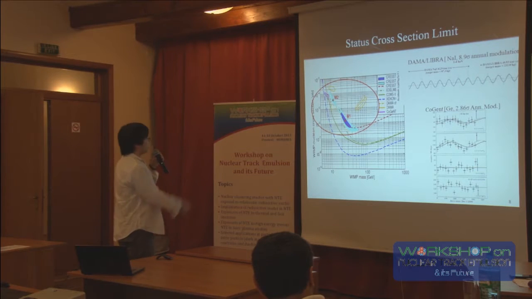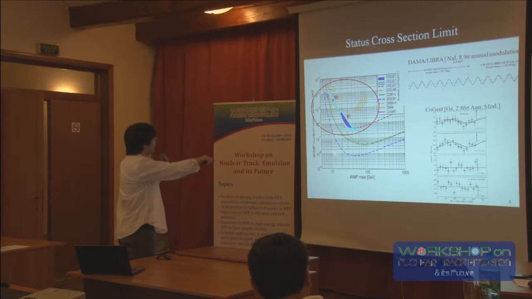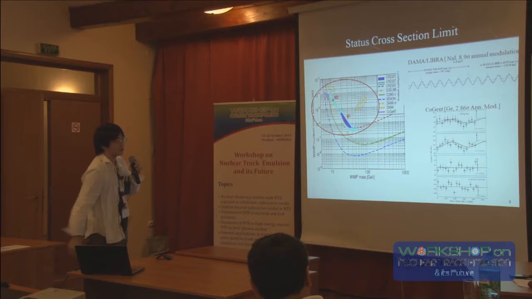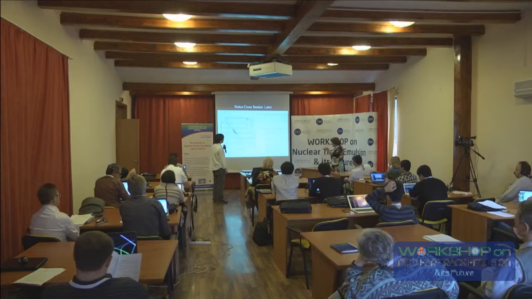The most expected region is here, and the higher region is also rejected, and the light region is also rejected. So this relatively light region is the most expected. We hope.